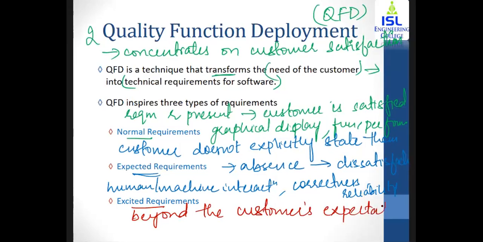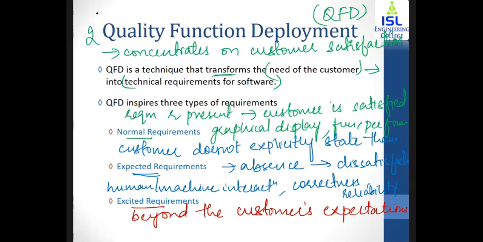That is, you are giving some additional features within the software that neither the customer has told you nor the developer has promised to deliver, but the developer has embedded some extra requirements within the software. Now, if you have some additional requirements within the software, the customer is going to be satisfied. It can be different extra features that you are adding. So these are the three sets of requirements.